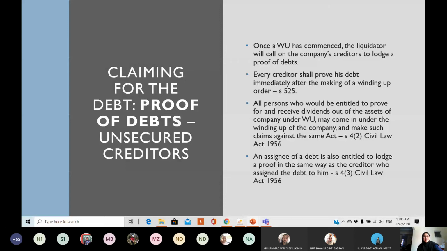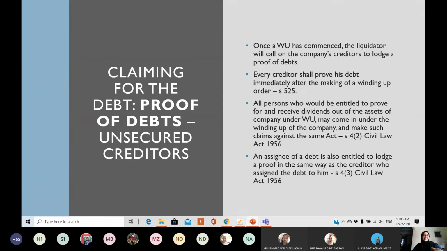That is semua creditors kena filekan the document that we call as proof of debt in order for the liquidators to accept, okay, dan juga masukkan sebagai part of the people to be paid, in the process of the distribution of the debt.